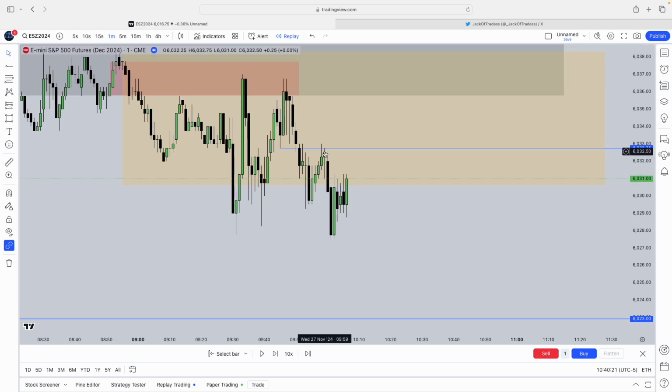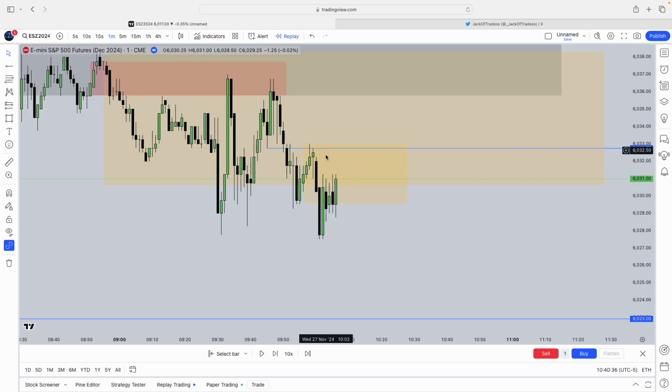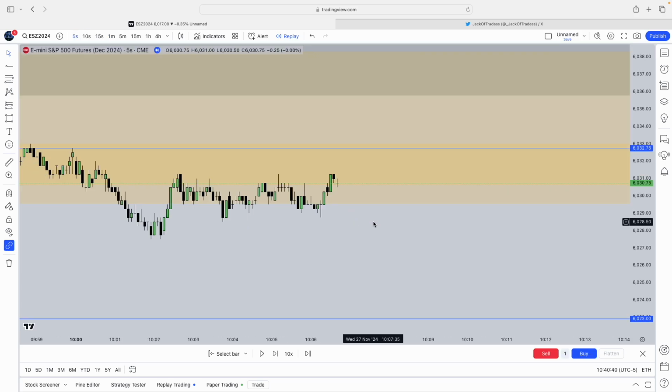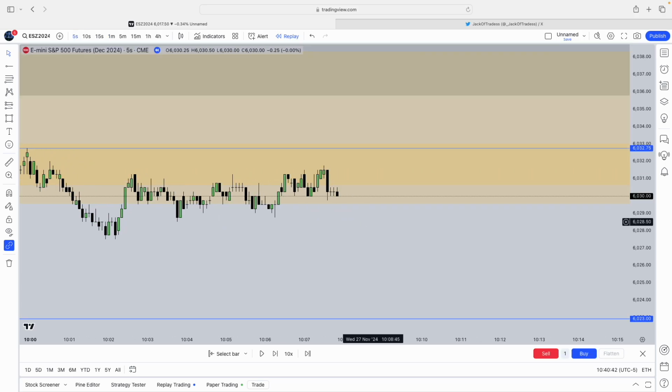Price here has run into this volume imbalance and pulled lower. So these candles here are a bearish order block. Draw that across. Price is trading inside the bearish order block here. Let's see if it wants to leave it.